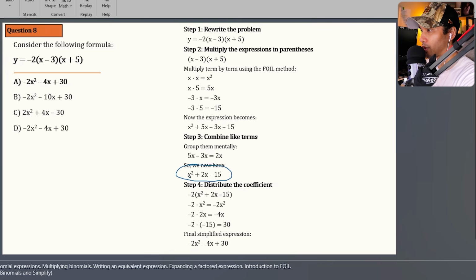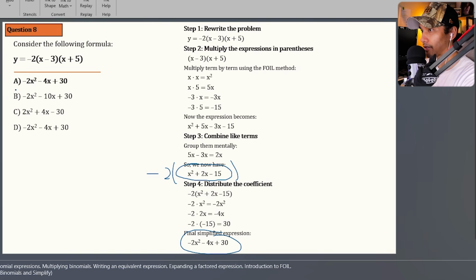So negative 2 times all of this equals negative 2x squared minus 4x plus 30, right? So they break everything down here. And that's our simplified expression, which is A.